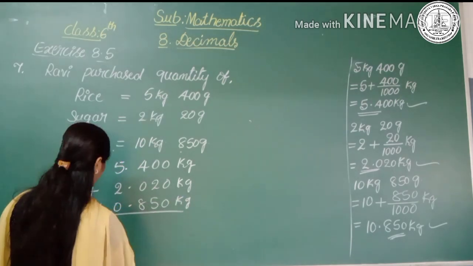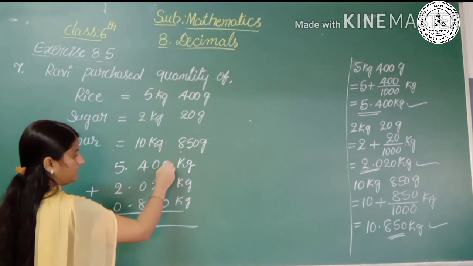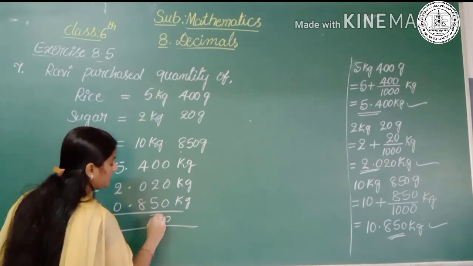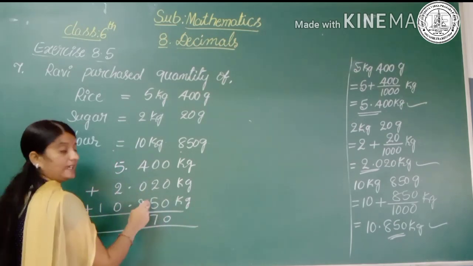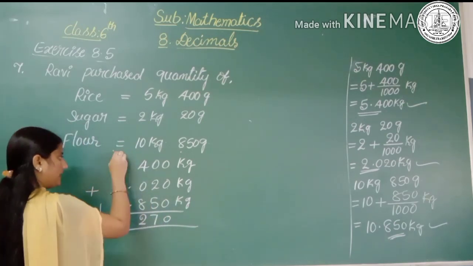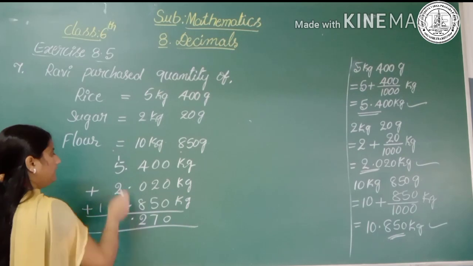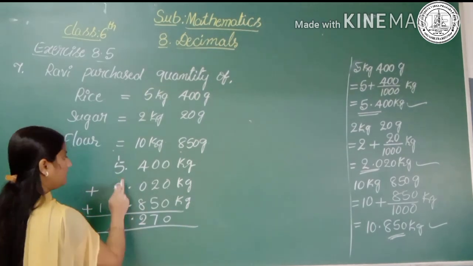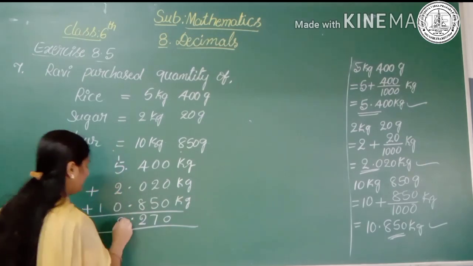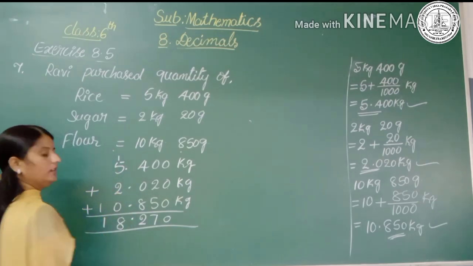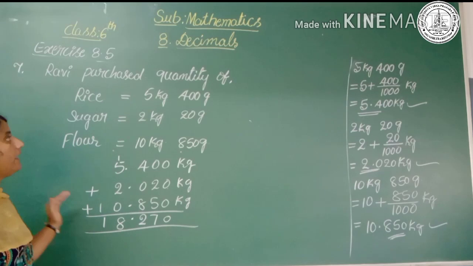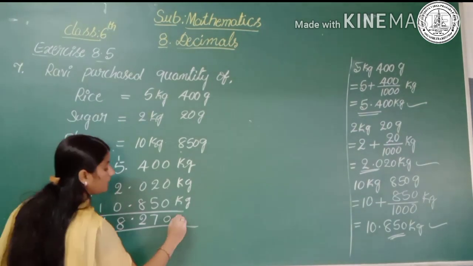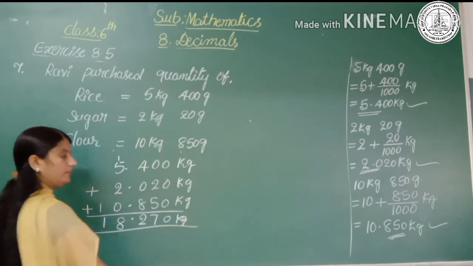Okay. Yes, add here 0, 0, 0 is 0. 0 plus 2 plus 5 is 7. 4 plus 0 plus 8 is 12. 2 here, keep on carrying. Keep the point downside. 1 plus 5, 6 plus 2, 8. Then add 1. Okay, so the total weight of the groceries is equal to 18.270 kg.